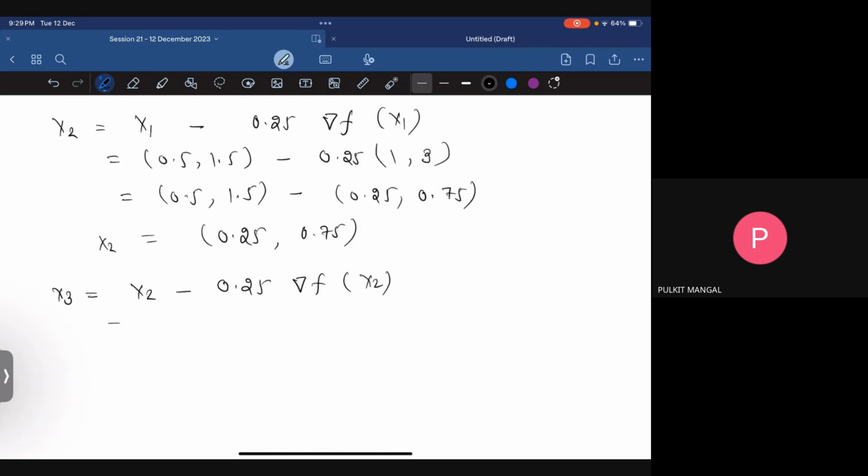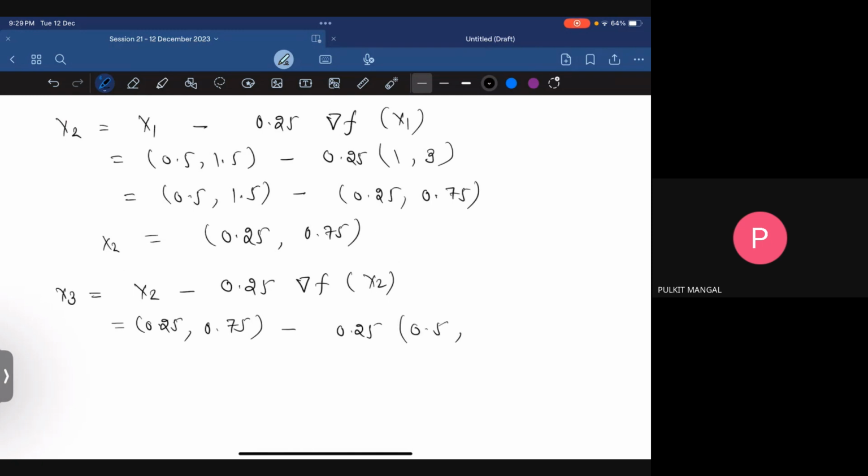I will just quickly do it, because now we know how to calculate these. 0.25 times double of it, 0.125, 0.375. You will get the point. So this is my x3.